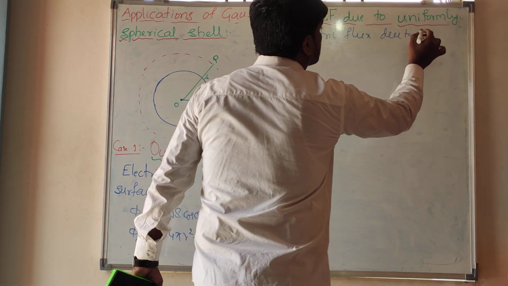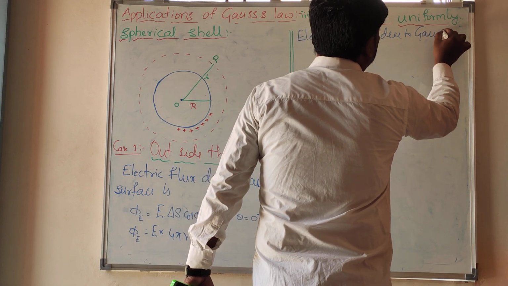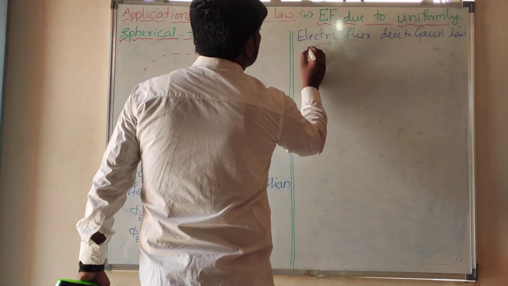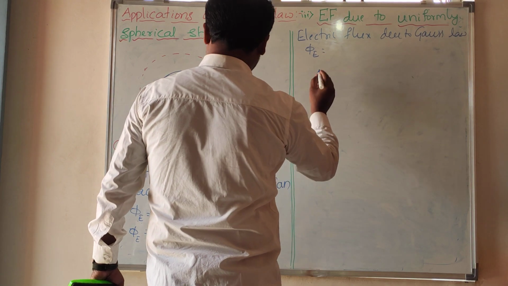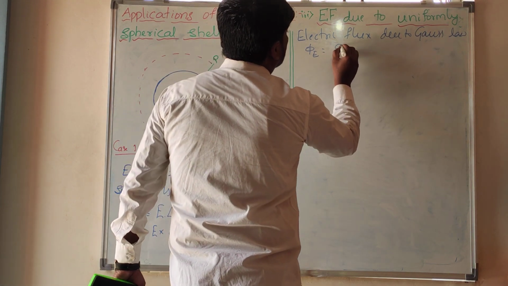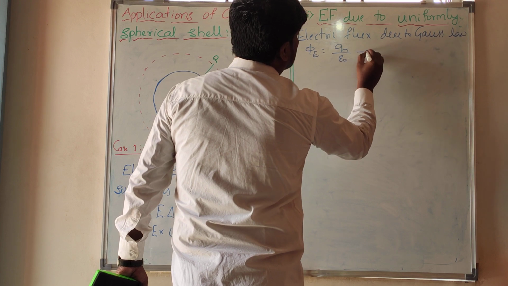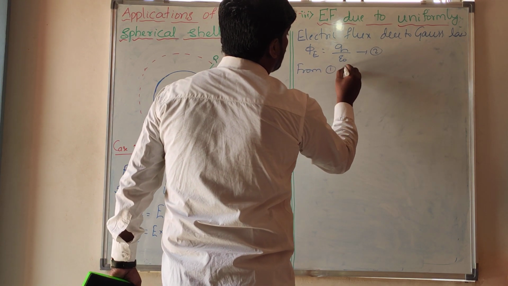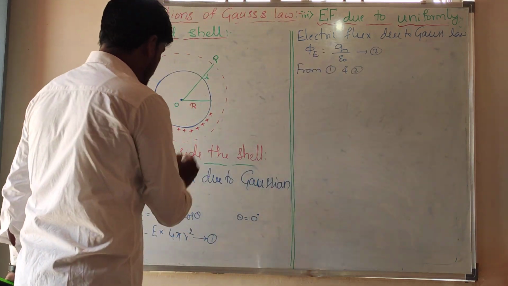After writing this part, let's go to the next, that is the electric flux due to Gauss's law. If we write the electric flux due to Gauss's law, then I'll get phi E is equal to Q by epsilon naught, say equation number 2. From 1 and 2, again compare 1 and 2.